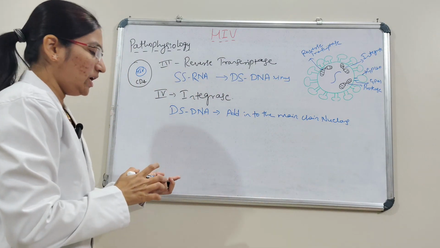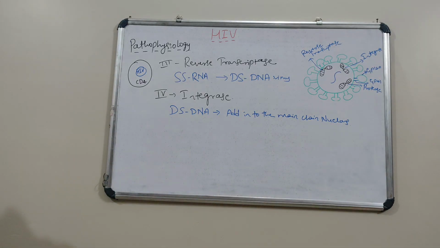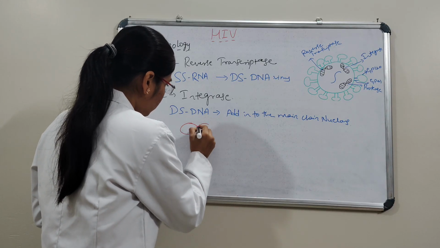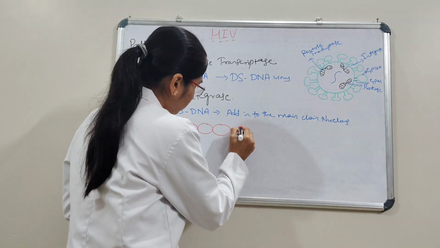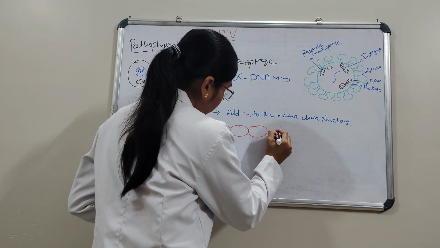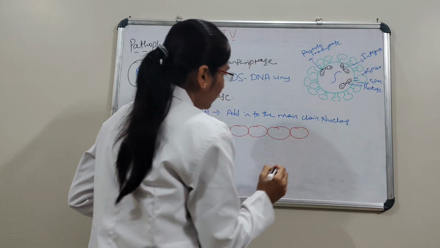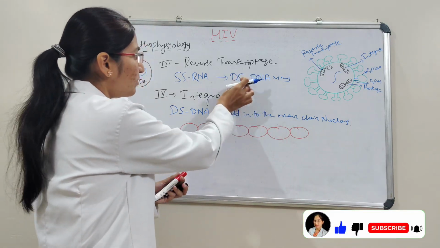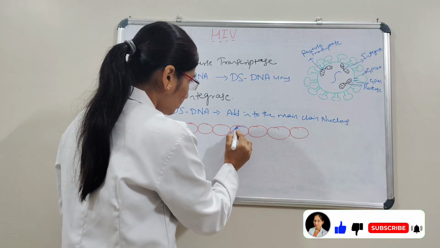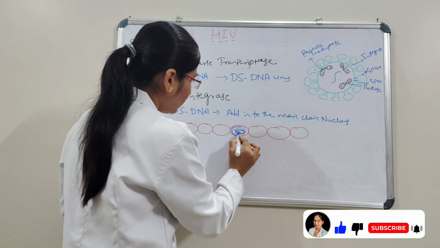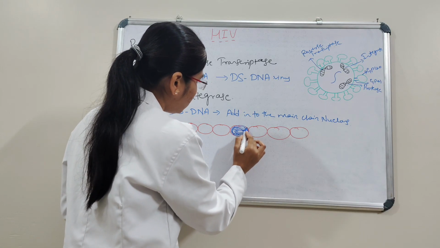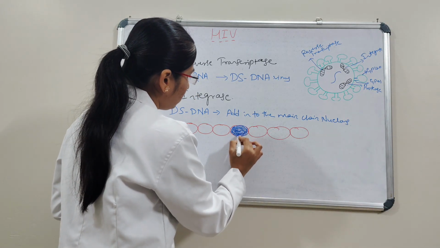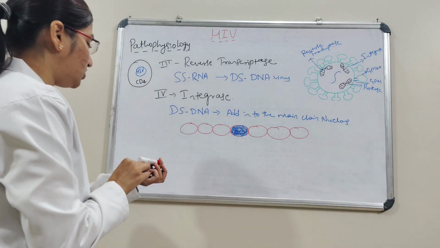Here this is the nucleus chain proliferation. And then that double stranded DNA virus comes here and gets added to the main chain nucleus. What happens next, we'll see in the fifth stage.